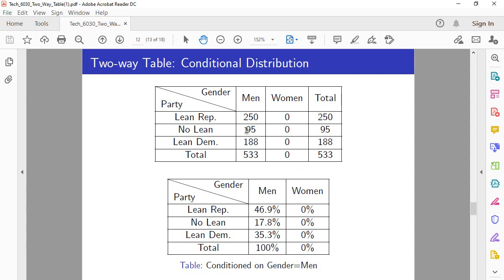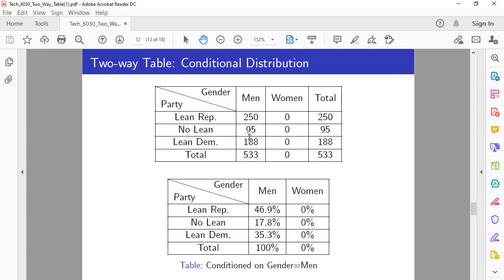So basically here's what we are asking. Among all the men, what's the count for each of the party values? Let me rephrase that. What count of men preferred the Republican Party?